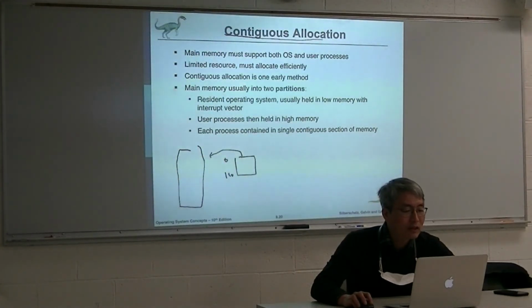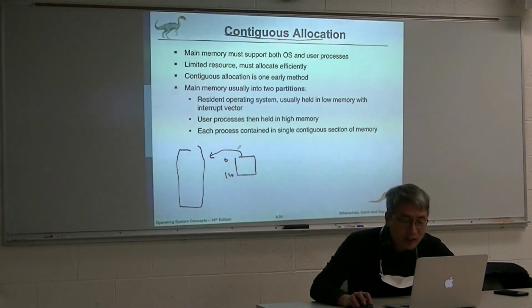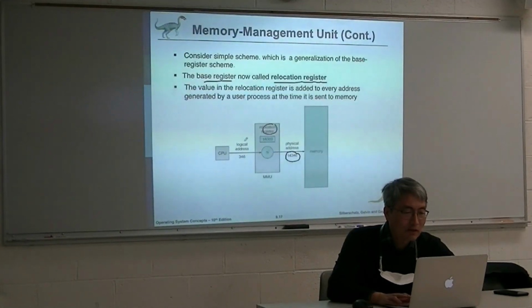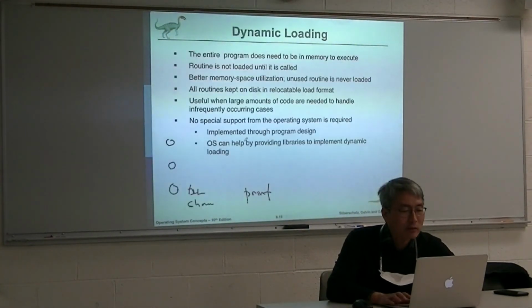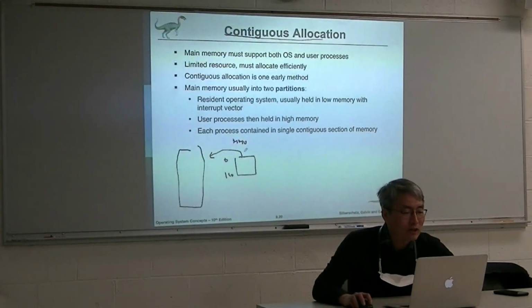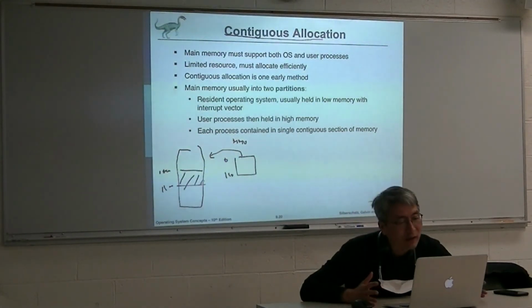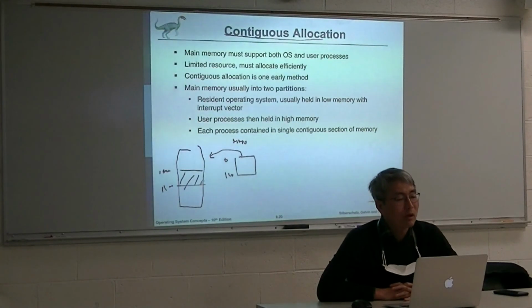Once you load it, it is relocated using the MMU, the memory management unit. With the relocation register, it will be, for example, 1000 to 1100, like this. At this time, we allocate a chunk of memory.